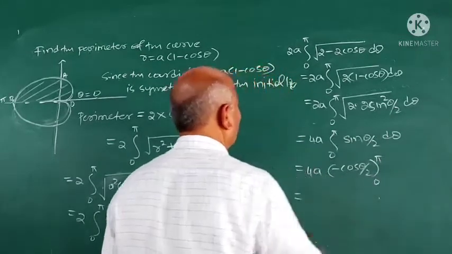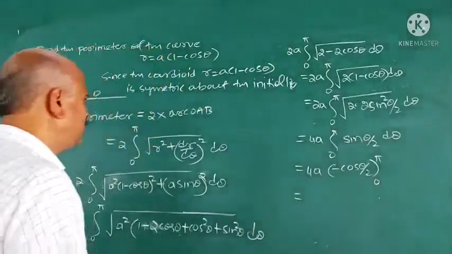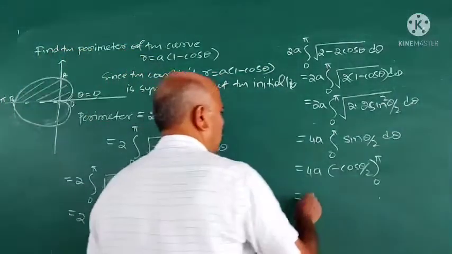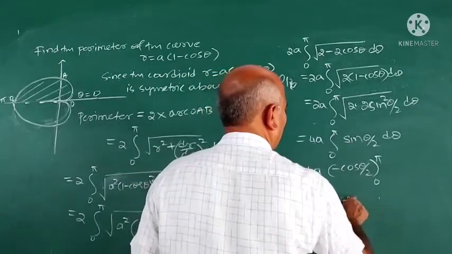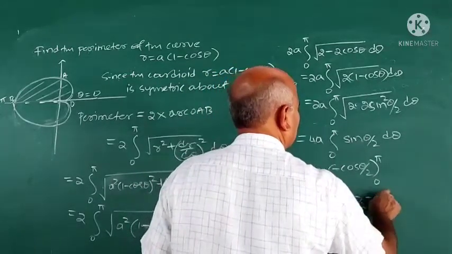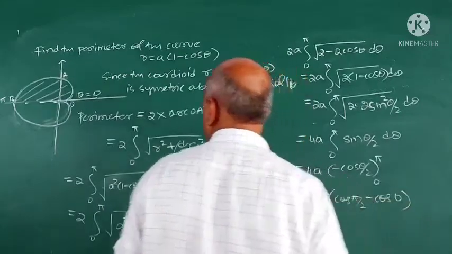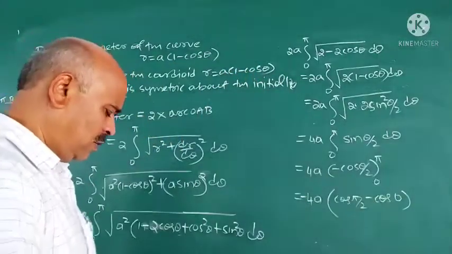Therefore 4a, or minus 4a [cos π/2 − cos 0]. What is the value?